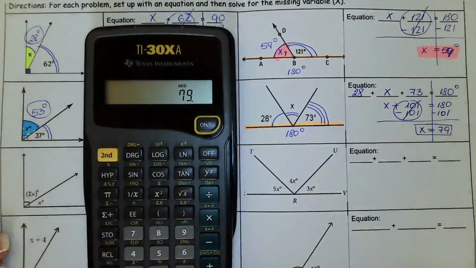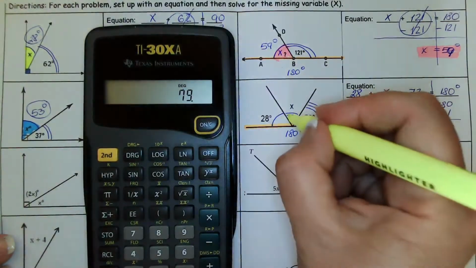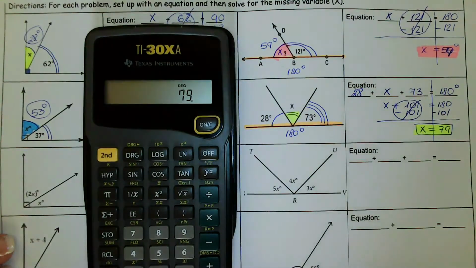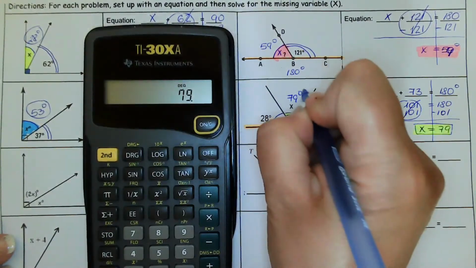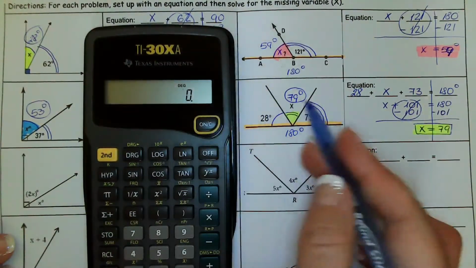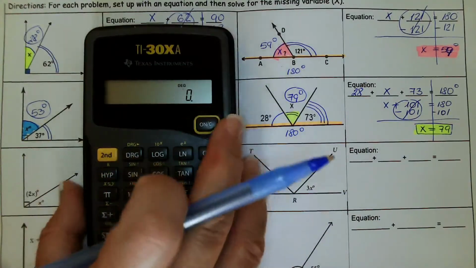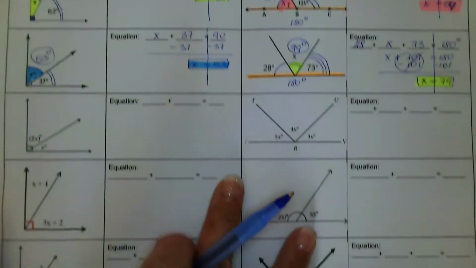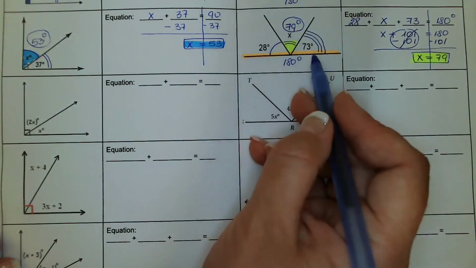To check, we use this x angle, 79, and then add them up. 28 plus 79 plus 73 together is 180. So that's when we solve the equation correctly. Supplementary relationship. Straight line, the angles add up to 180.